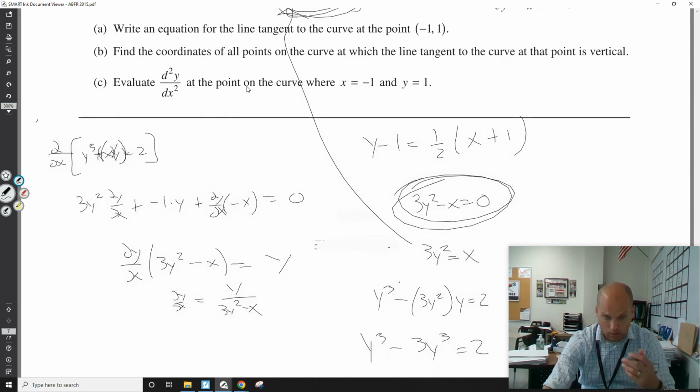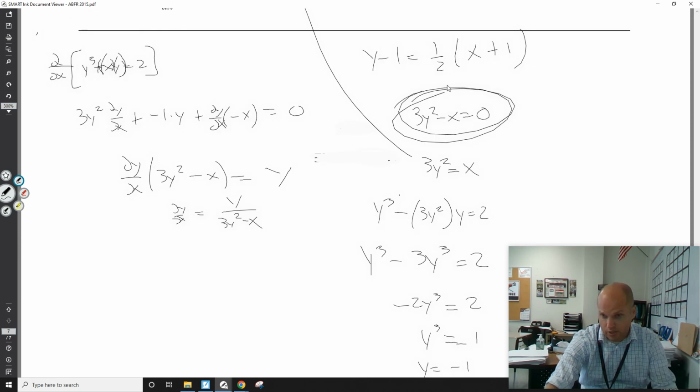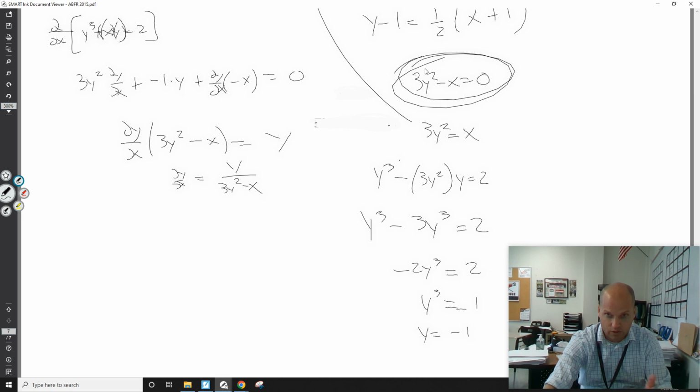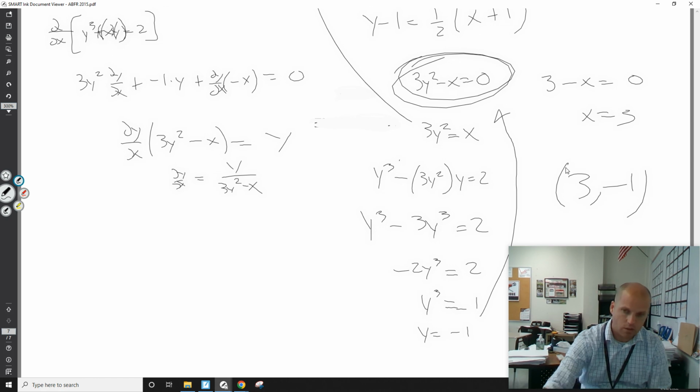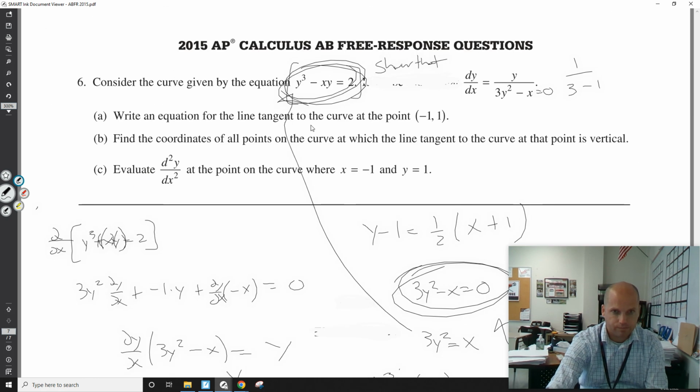You could go back into the original equation, but it's easier to go back into this. Like, again, it's a system. We've already plugged in one into the other, so this must be true. When y is -1, x has to be 3. So 3, -1 is the location of the vertical tangent.